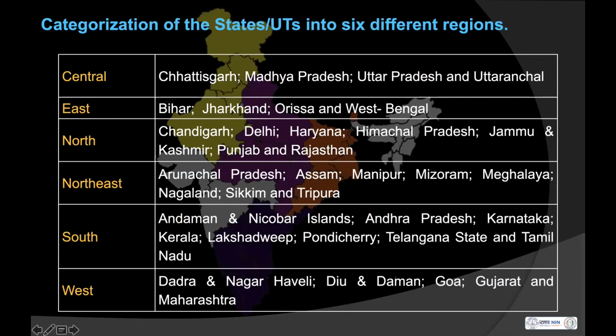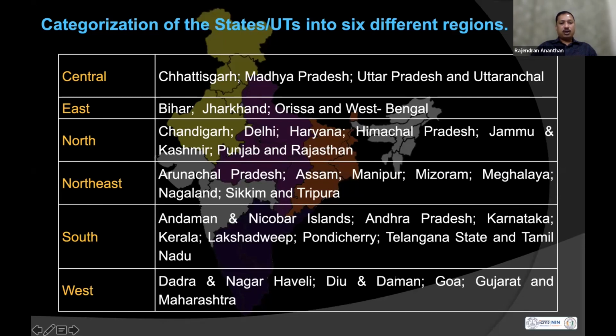These are the different parts or regions we have divided. In the central part: Chhattisgarh, Madhya Pradesh, Uttar Pradesh, and Uttaranchal, whereas in the eastern part: Bihar, Jharkhand, Orissa, and West Bengal. The northern part covers Chandigarh, Delhi, Haryana, HP, Jammu and Kashmir, Punjab, and Rajasthan. In the northeastern part, all the seven sisters: Arunachal, Assam, Manipur, Mizoram, Meghalaya, Nagaland, Sikkim, and Tripura.